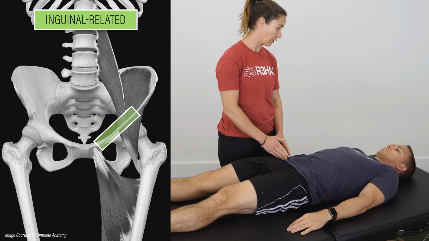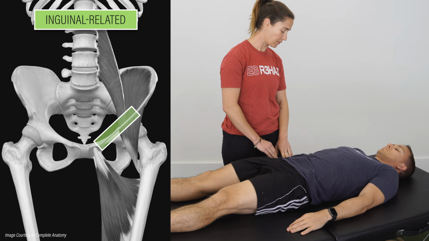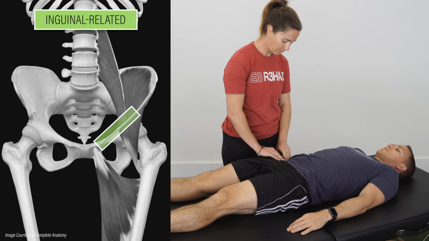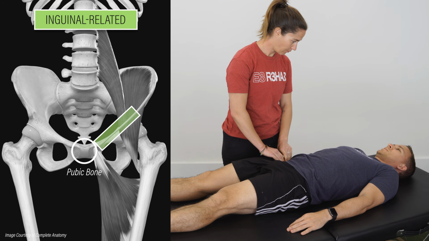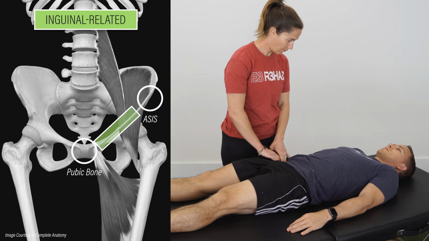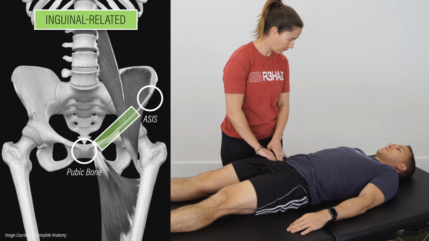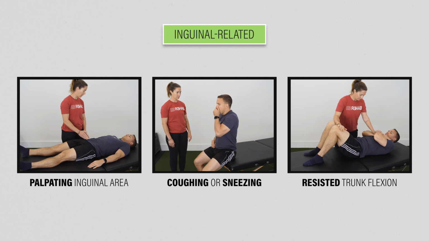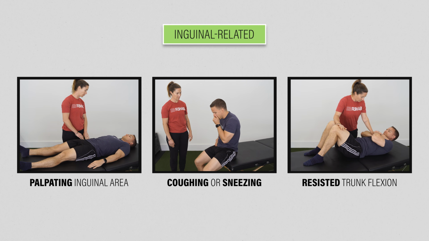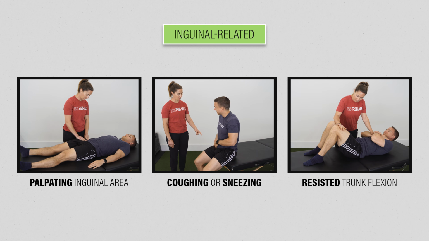Inguinal-related groin pain is characterized by pain in the inguinal area, which is between your lower abdominals, pubic bone, and the bone at the front of your hip called the anterior superior iliac spine, or ASIS. Symptoms may be reproduced with coughing, sneezing, and resisted trunk flexion.